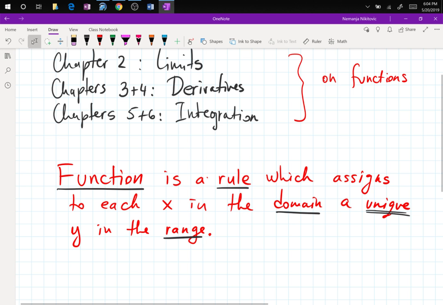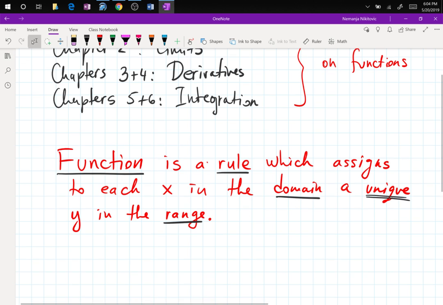I just told you. All right? Let's say question number 4, or maybe number 3, whatever the question is, it says state the definition of a function. And you have to write this. Function is a rule which assigns to each x in the domain a unique y in the range.